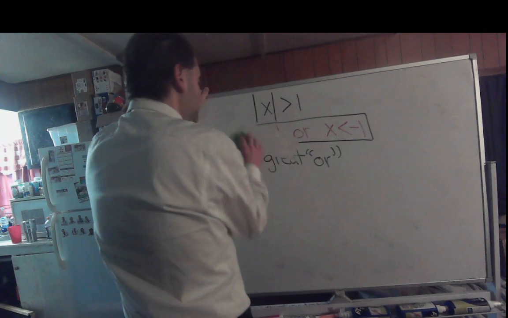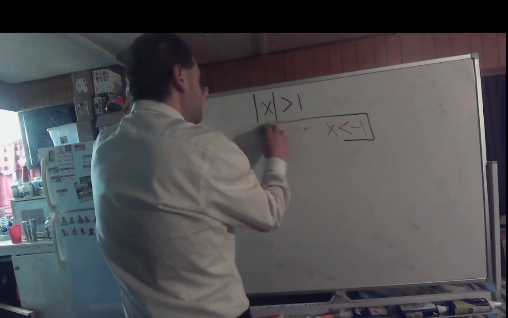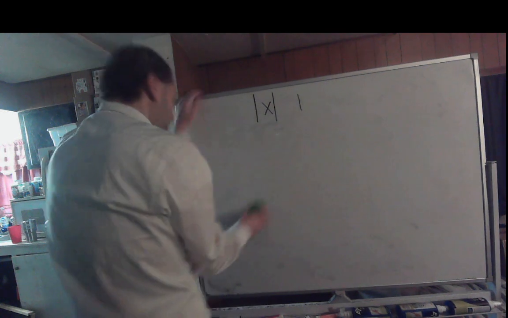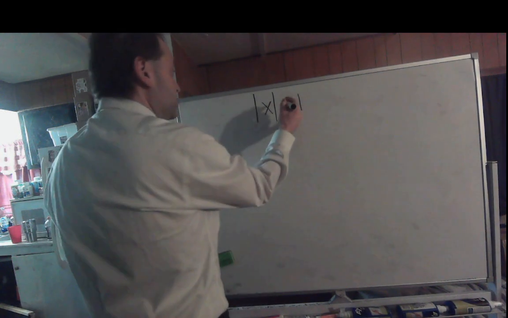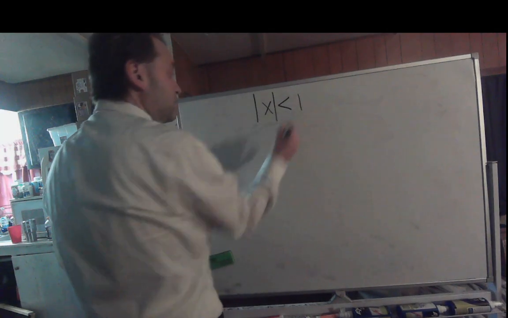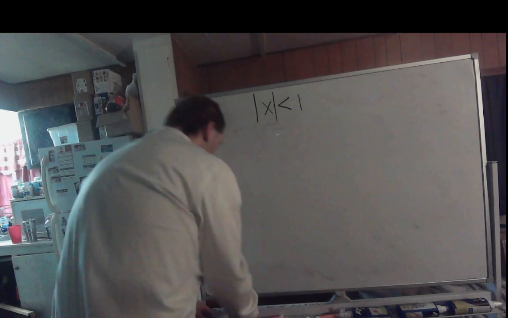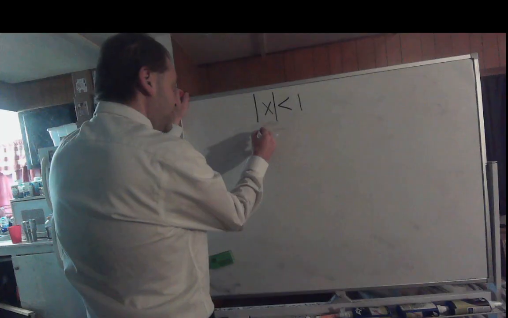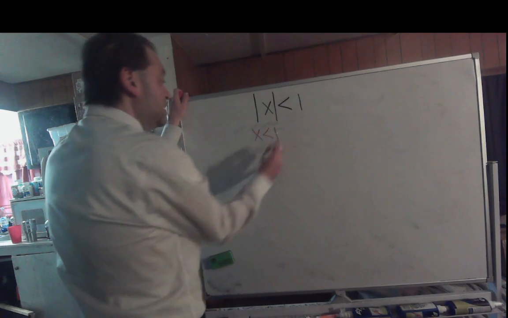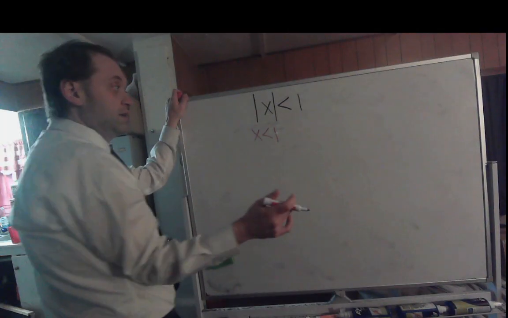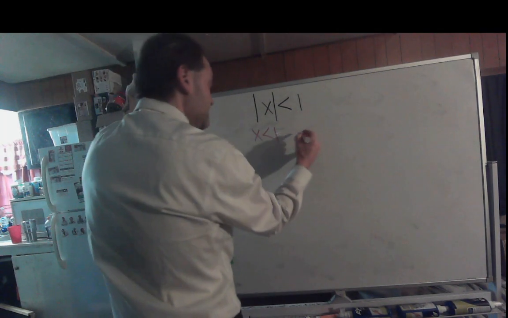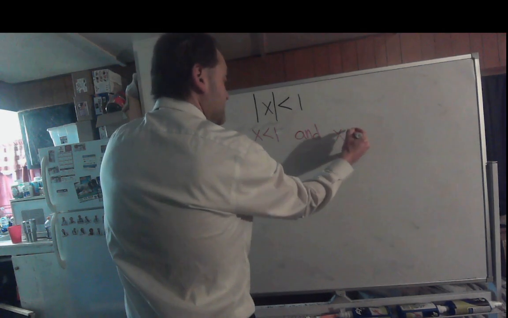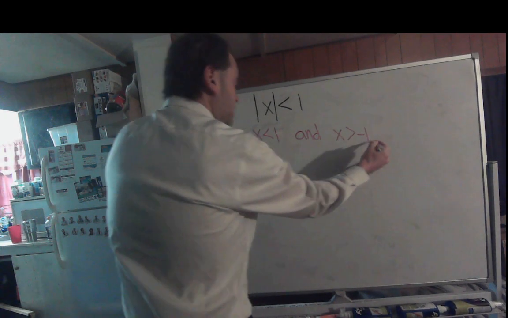Now, I'll demonstrate with the and. I'll demonstrate if it's less than 1. What if we had the absolute value of x this time was less than 1? So again, you're going to start out solving this much the same way. You're going to start out with the fact that x is less than 1, but when you go to deal with -1, for x and -1, you'll flip the sign to x is greater than -1.